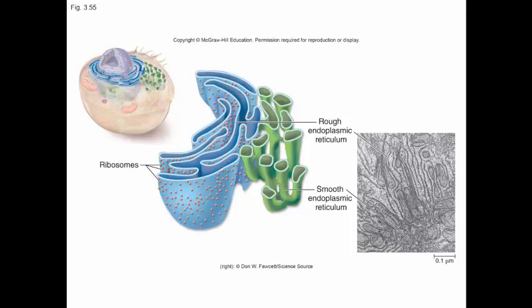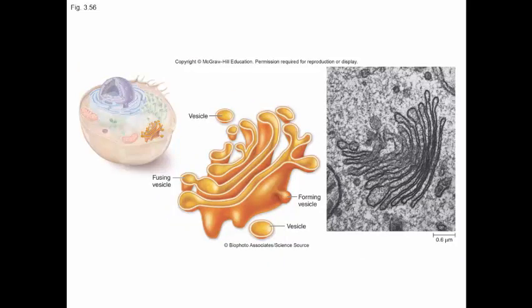Now, the smooth ER organelles are different. They detoxify certain chemicals and do packaging and synthesis of lipids. Okay? The Golgi apparatus, or the Golgi process as it's been called, is a system which packages proteins for final export out of the cell.